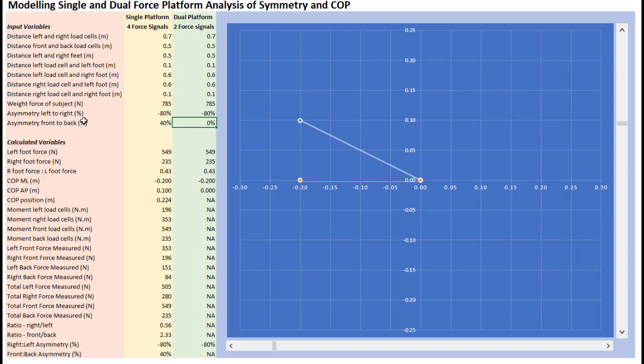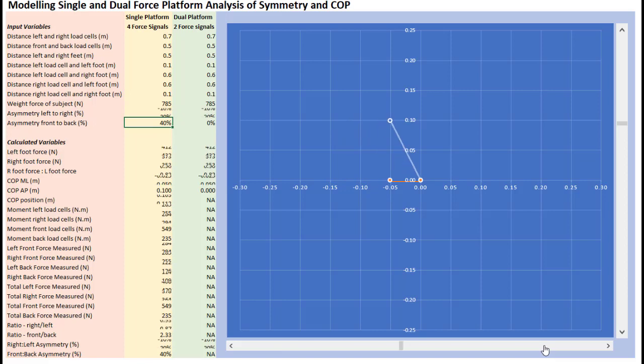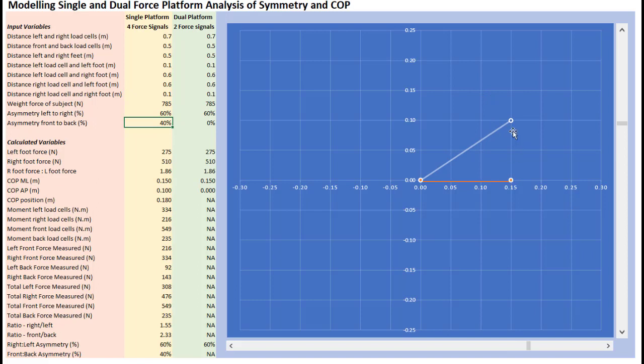So the asymmetry front to back remains at 0 for the dual plate system, whereas the single plate system can actually register and measure the forward shift of 40% in weight force. Then, as we change further left to right, we can see that the two track exactly identical in terms of the mediolateral asymmetry and shift in weight force, but only the single plate system with 4 force signals can resolve weight shift in the anterior-posterior plane.